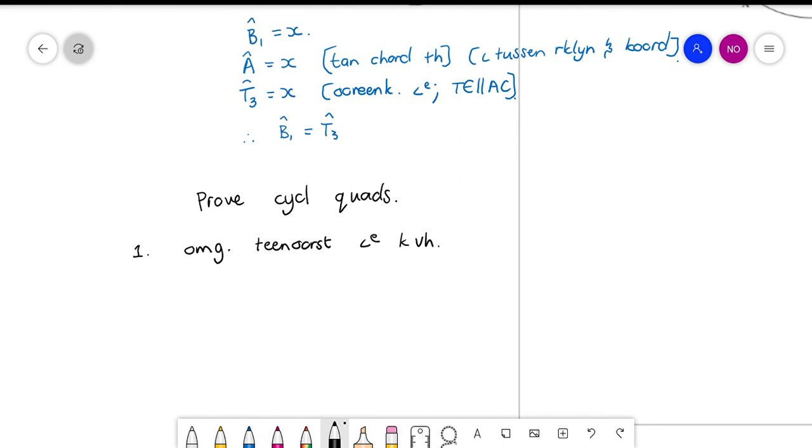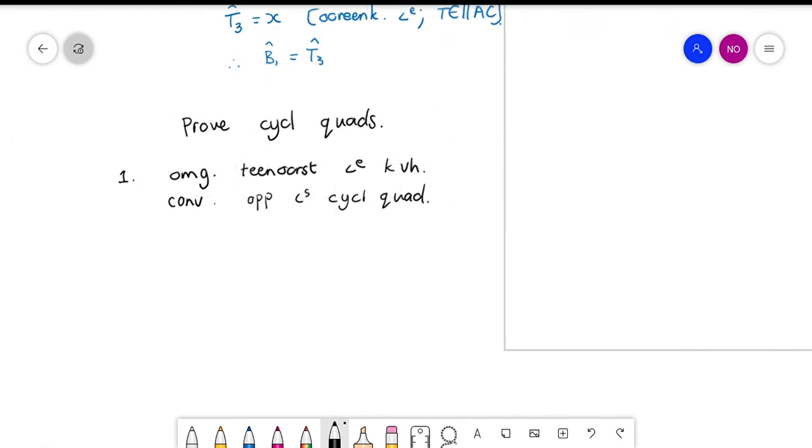The converse of that theorem. So that theorem says that the opposite angles of a cyclic quad is equal to 180 degrees. So if I give you a quad, any quad, and this is x, and this is 180 minus x, do you agree that then these will be supplementary?